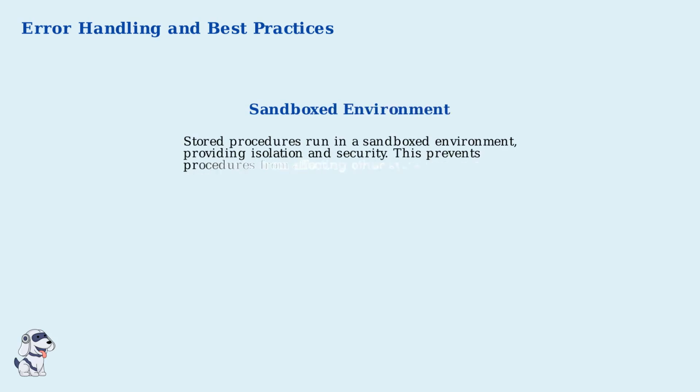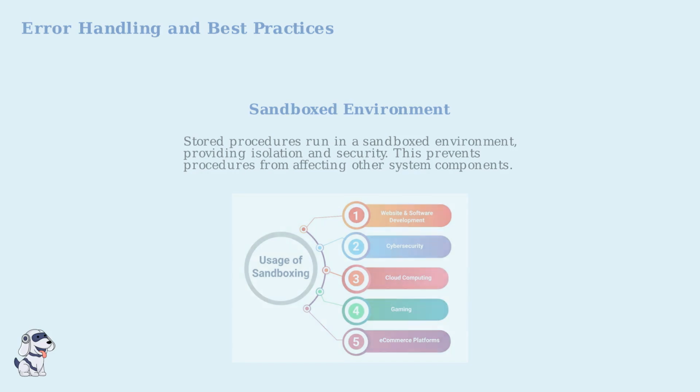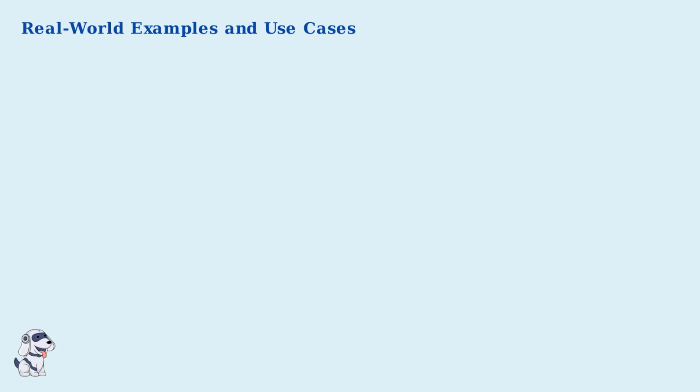Ensure your stored procedures run in Snowflake's sandboxed environment. This provides isolation and security, preventing procedures from interfering with other system components or data while maintaining a controlled execution space. Many companies leverage stored procedures for automation tasks in real-world scenarios.